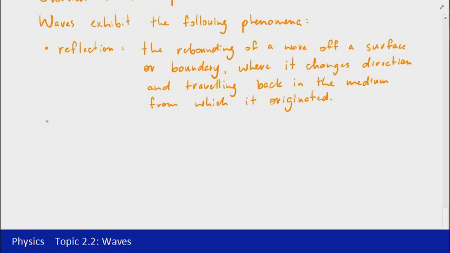The next one then is refraction, and you should have seen this one in, I think, grade 9 science. With refraction, it's the change in direction of a wave.